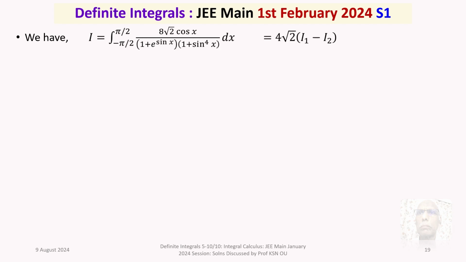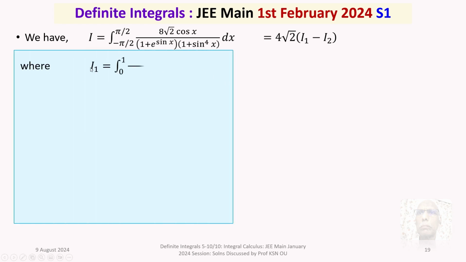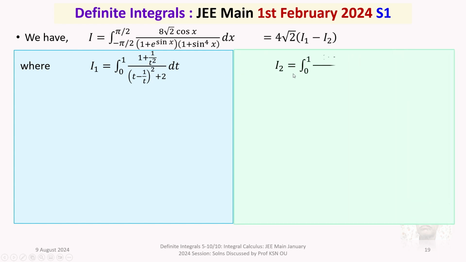We got I1, where I1 is the first one, integral 0 to 1 of 1 plus 1 by t square by t minus 1 by t whole square plus 2 with respect to t, and I2 is the next one. Right. First we evaluate I1.